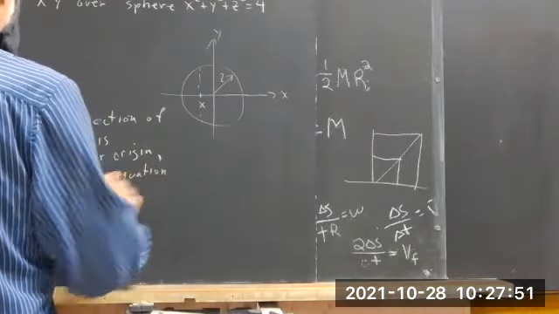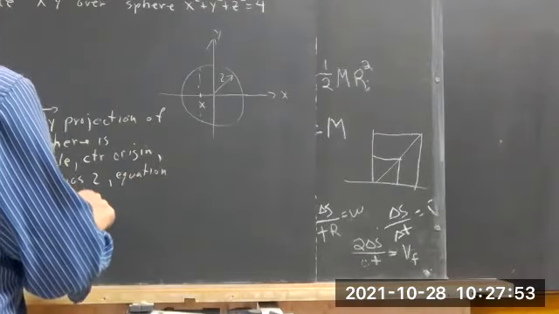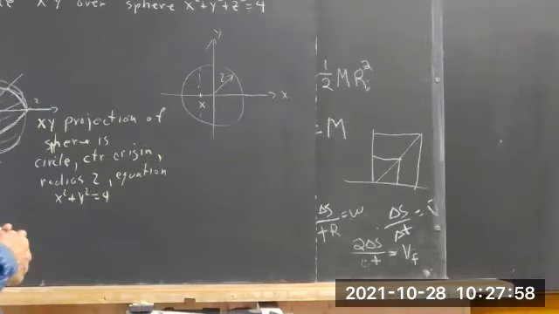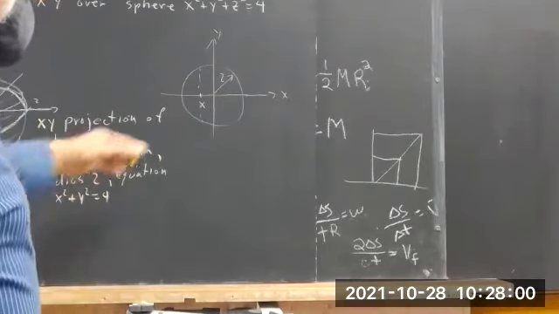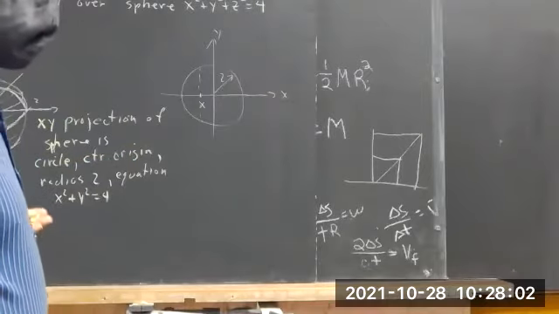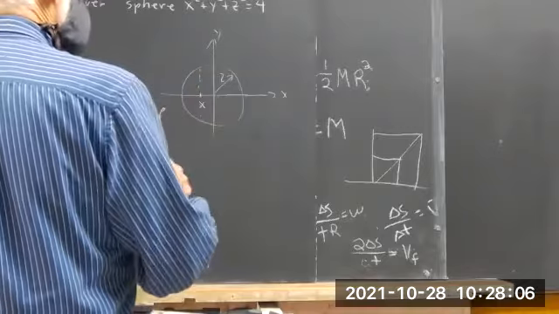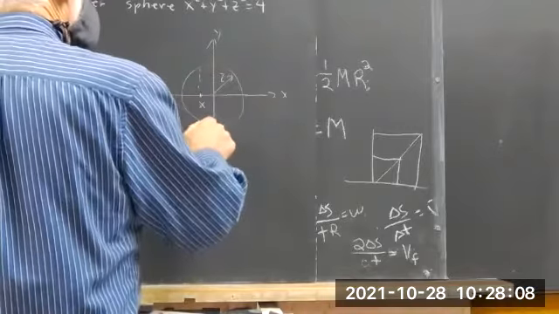As an equation, x squared plus y squared equals 4. Well, we're going to partition. We choose the partition. Here's an x. Our limits on y go from here to here.